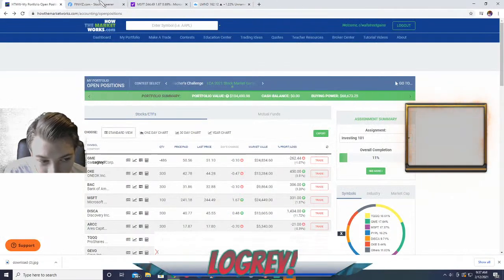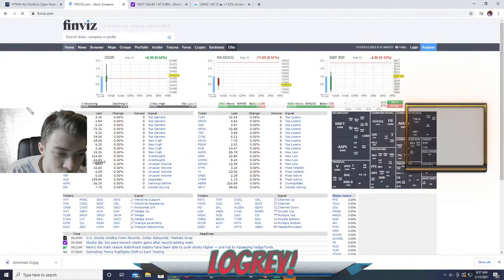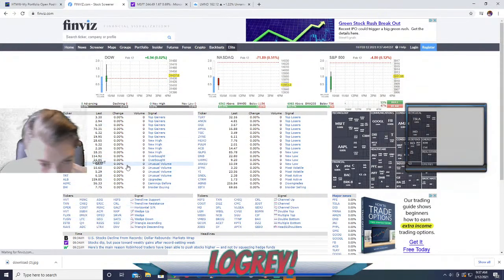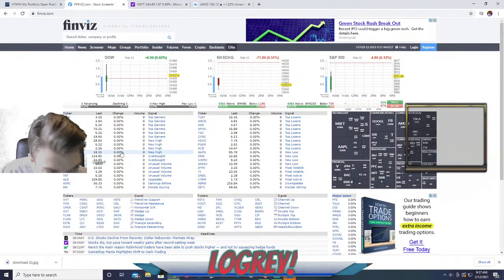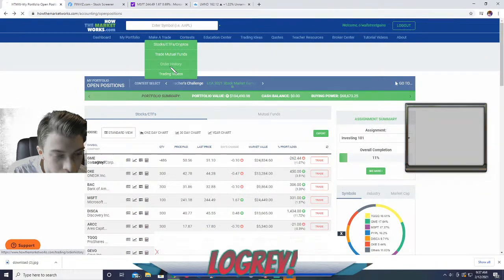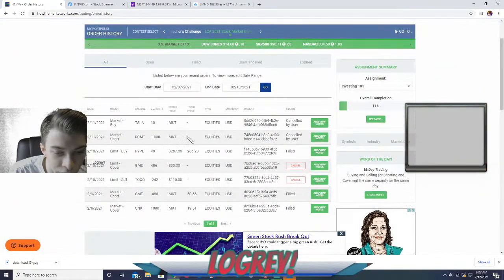And also, if you guys ever want to use FinViz, it's a pretty good website. They basically show you the top gainers and the top percentage changers. So I had a short because there was a company that was up like 68%, way overvalued. It's pretty high above the EMA line.